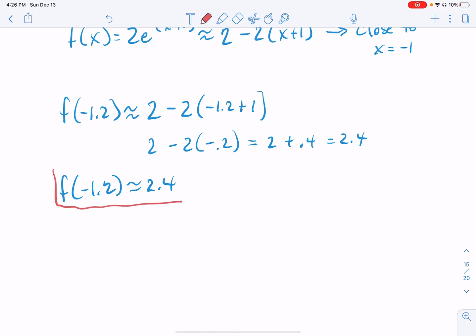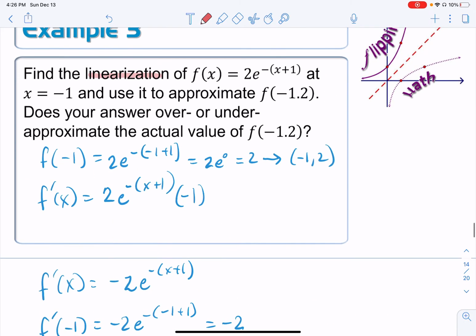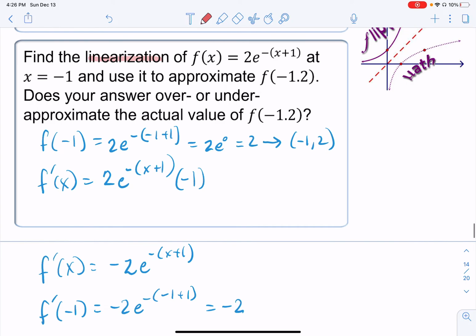There is one of the major applications of a tangent line: to approximate the value of this function. Some weird values, right? This is what I would be getting. f of negative 1.2 would be exactly 2e to the negative 1.2 plus 1, which is 2e to the, negative 1.2 plus 1 is negative 0.2, and it's negative times the other negative, so 0.2.